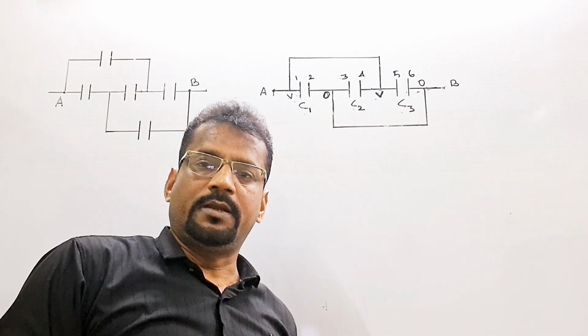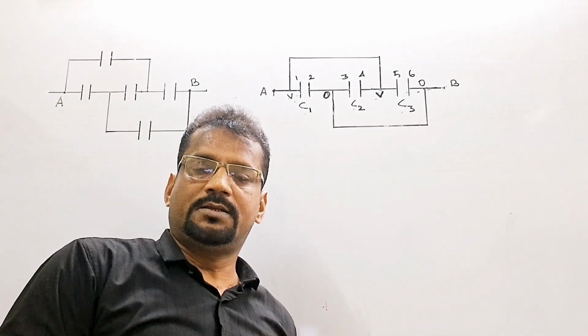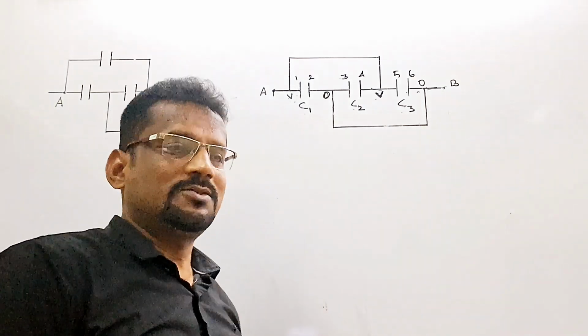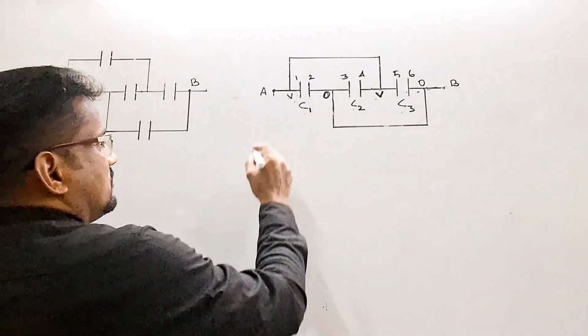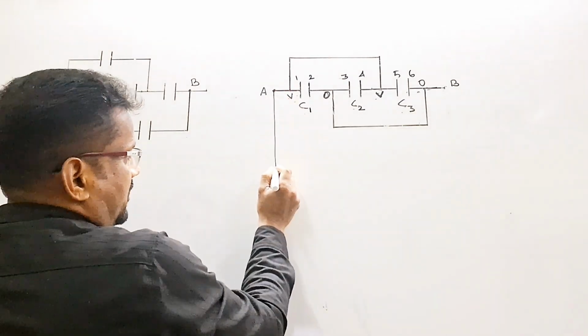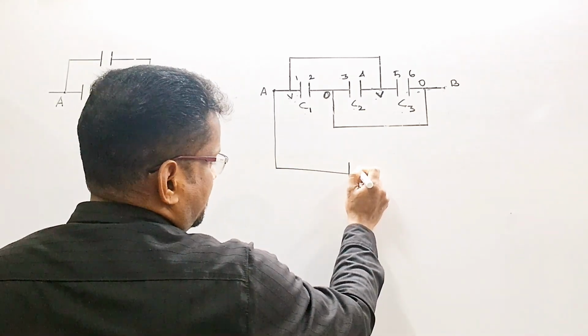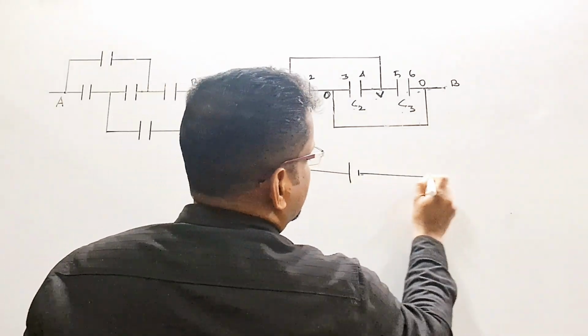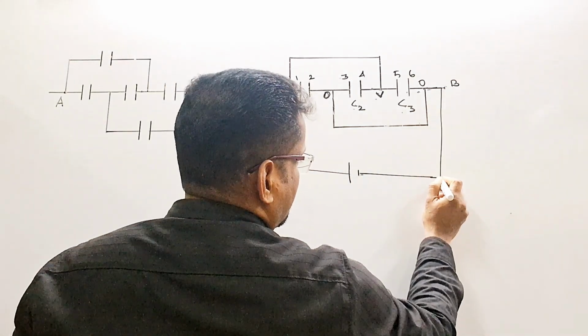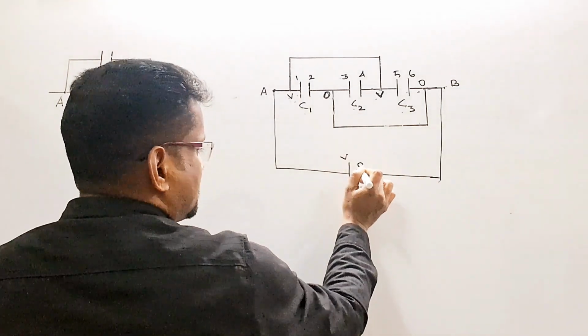There is another way to check whether they are in series or in parallel connection. The procedure is this: imagine you take a wire and connect it with a battery of potential, say V, here potential 0.